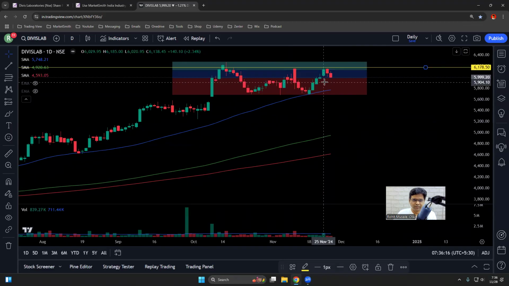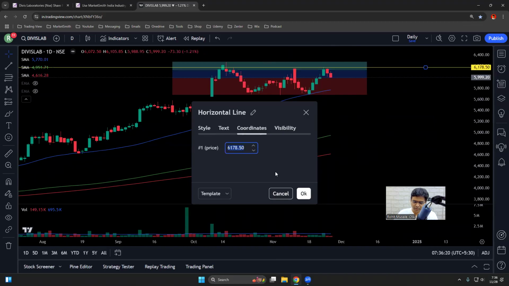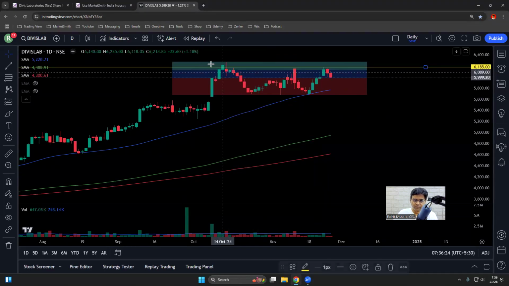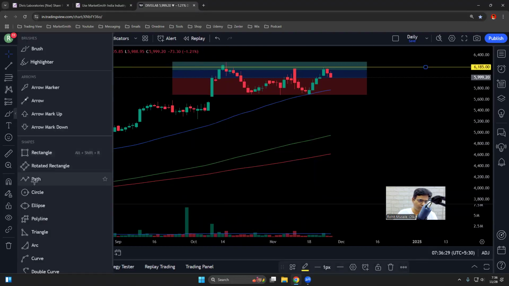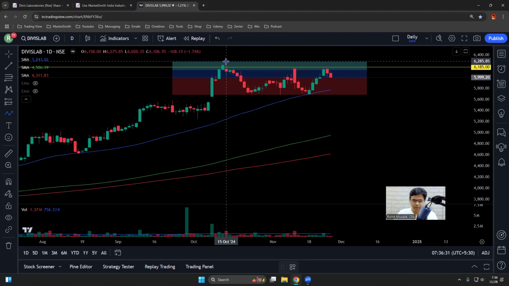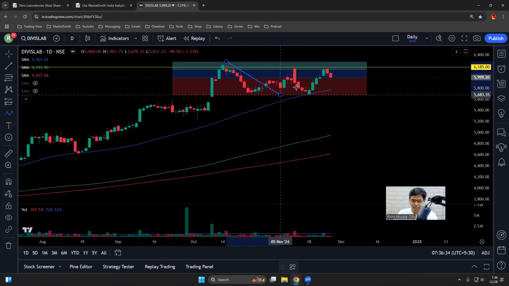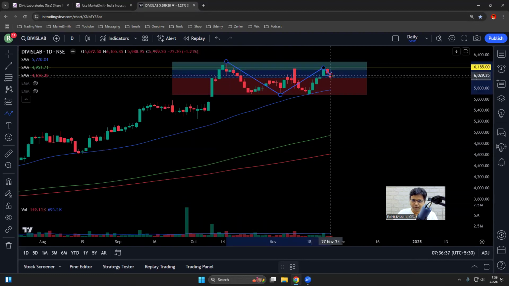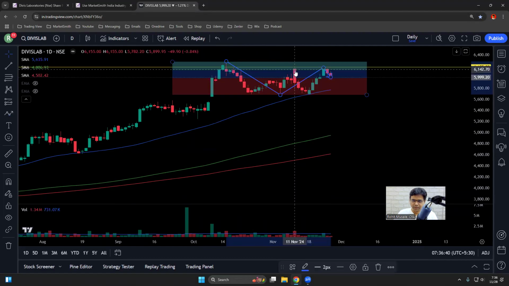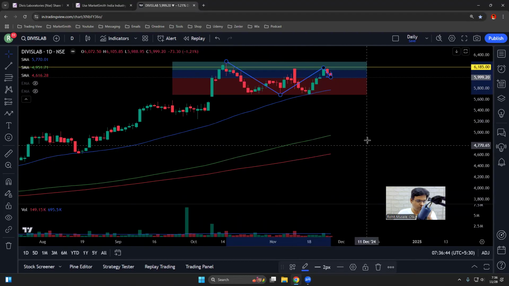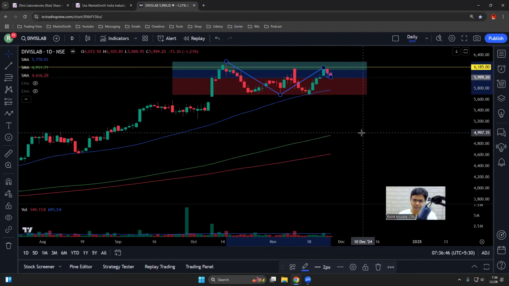What is the high of this candle? 6185. So this is point 1 in the base. Let me draw that base for you. Point 1 in the base, then point 2, then point 3, point 4. I'm not taking this high because this high is higher than this high. So as you can see, there are 4 points in the base.